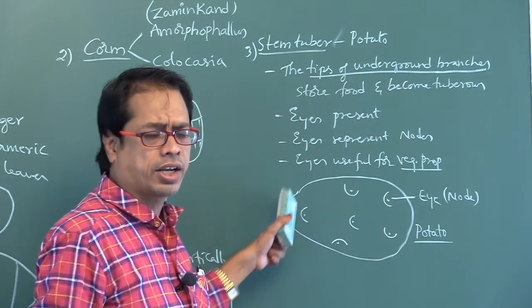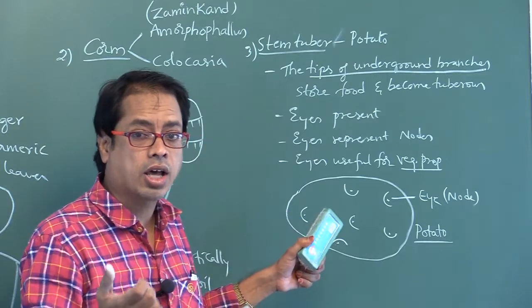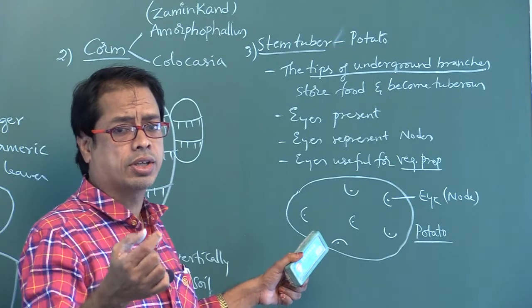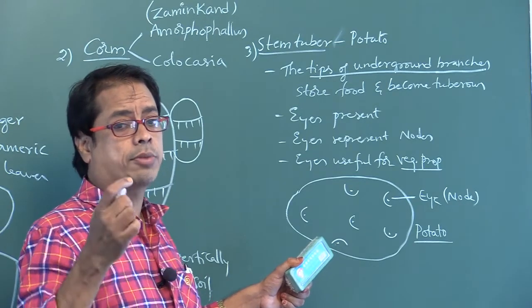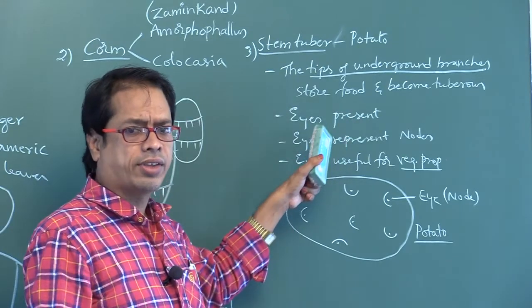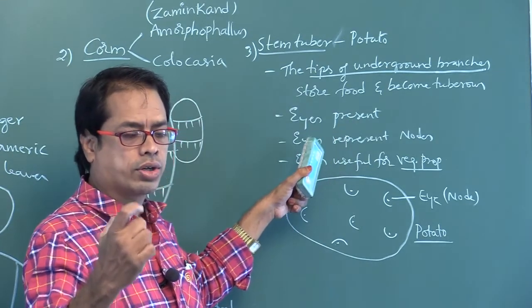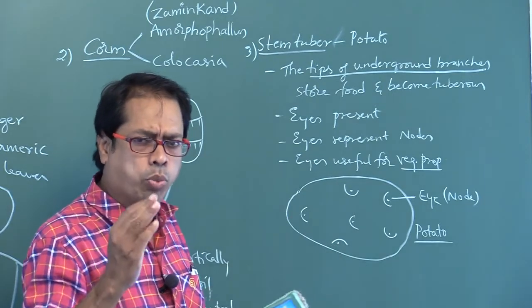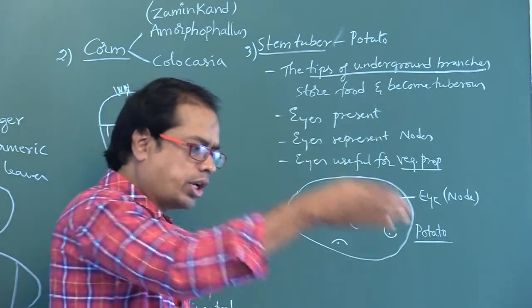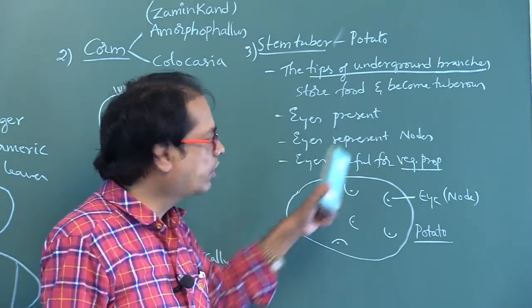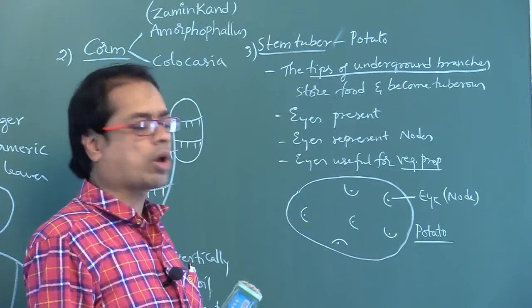So what are the characteristics? The tips of the underground branches store food materials and become tuberous. Eyes are present, and eyes represent nodes. When these eyes are cut out from the potato and sown in soil, new plants are obtained. That's why eyes are useful for vegetative propagation.